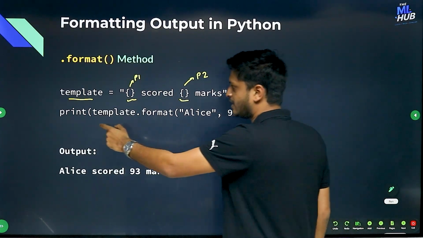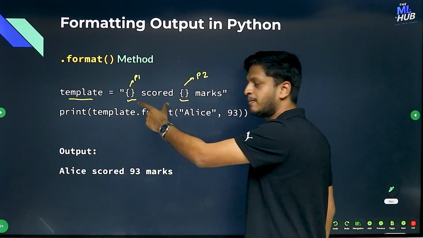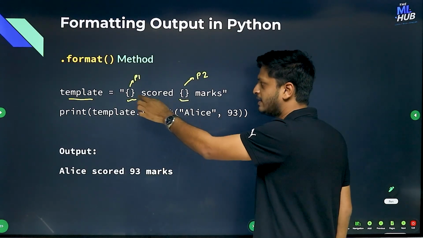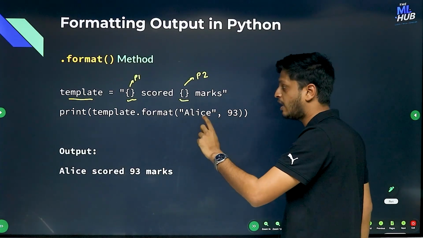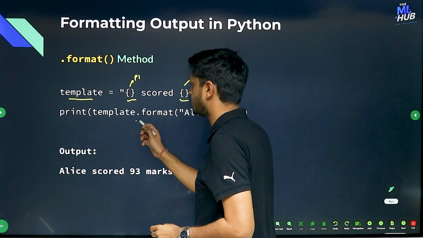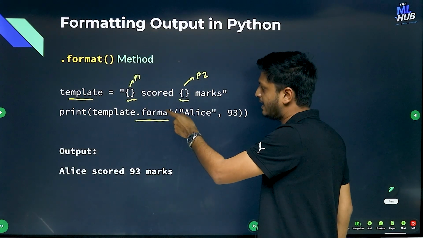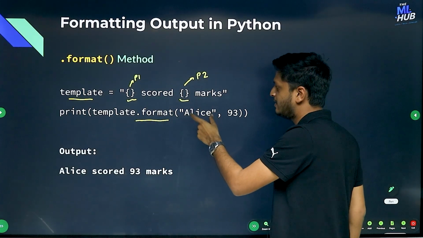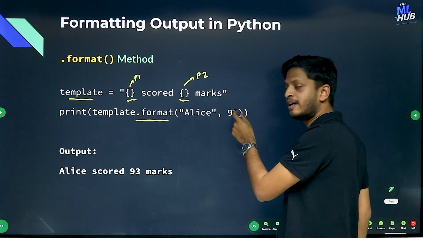So here when we say print and give the string template, if we don't write dot format, the entire string as it is will be printed along with the curly brackets. But now if we use the dot format function with this string, inside format we have said that the first argument is the string Alice and the second argument is the integer 93.